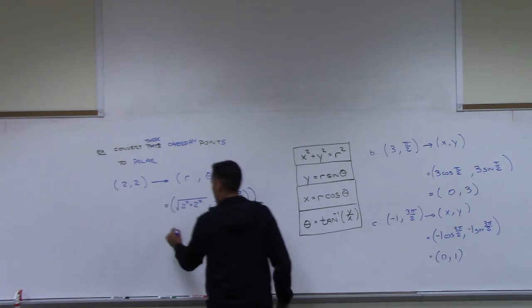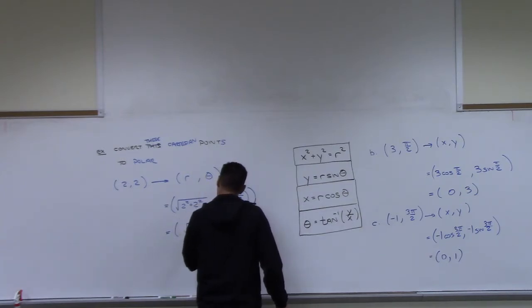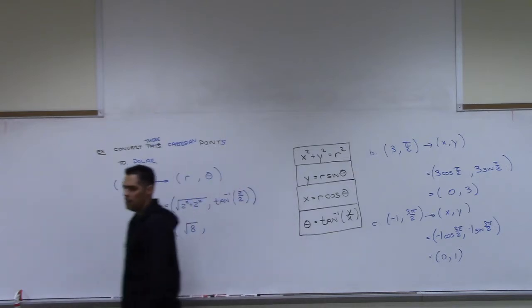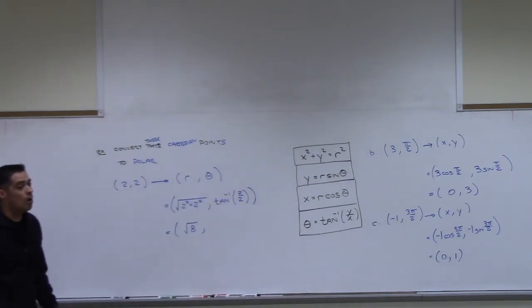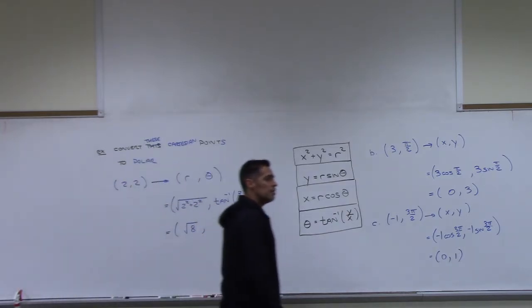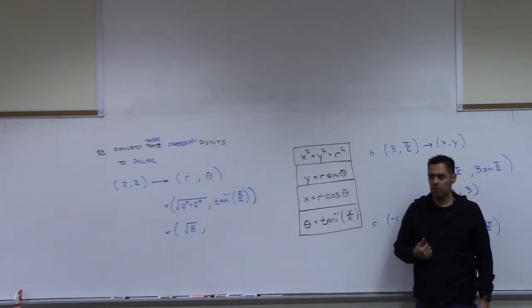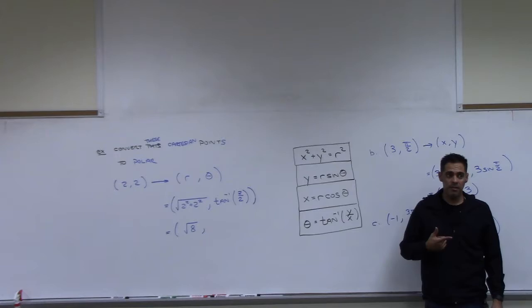Root 8. And then what is arctangent of 1? So that means at what angle is your y coordinate over your x coordinate 1? At pi over 4. And?